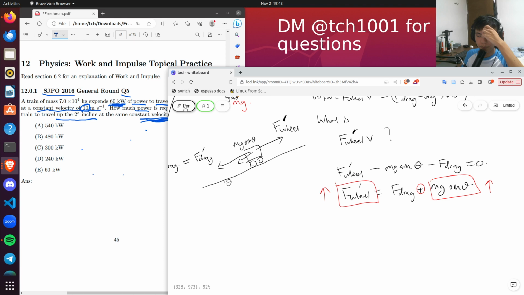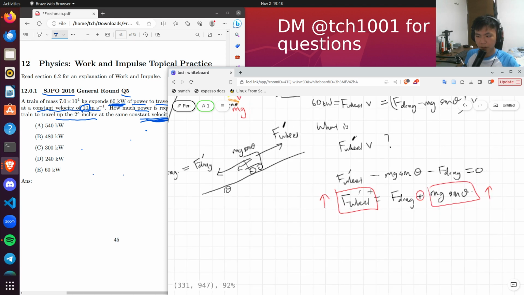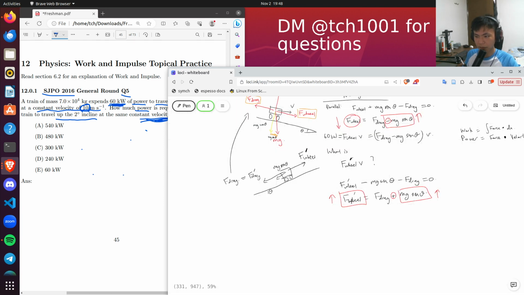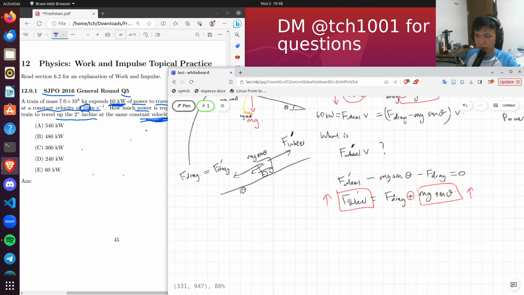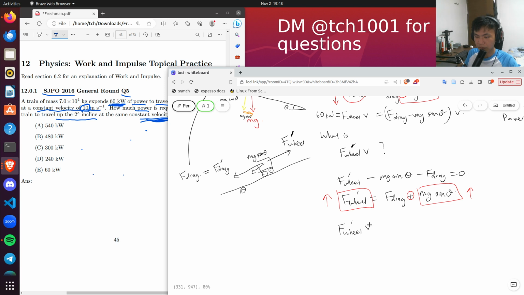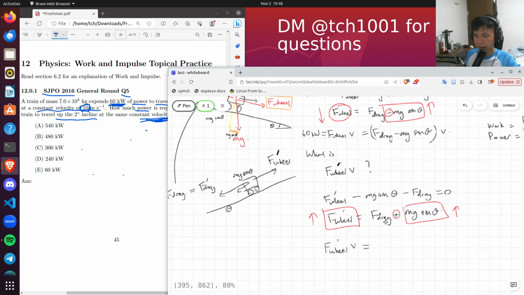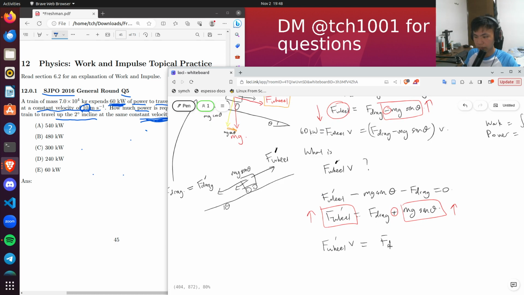So now all that remains to do is to substitute in these values. To calculate F wheel prime times V, we just substitute this in and realize that it is F drag plus mg sine theta times V. Right now we don't know F drag, as nowhere in the question did they give us F drag explicitly.